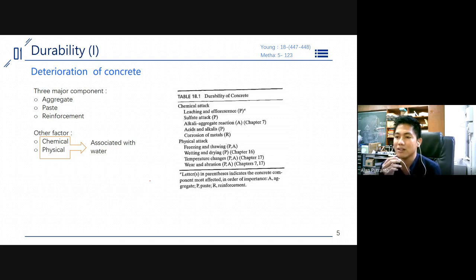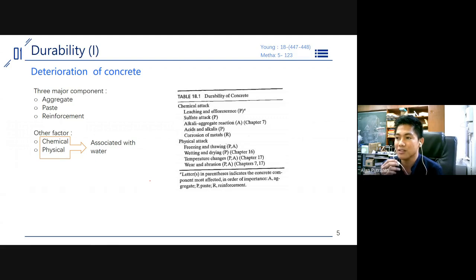And then we will also talk more about alkali aggregate reaction. And then for physical attacks, we didn't talk about freezing and thawing because I think Taiwan doesn't experience this kind of problem. And then wetting and drying is a common problem in every country, I think, but not all countries experience the drying. And then temperature change, but in physical attack, we will just discuss wear and abrasion later.